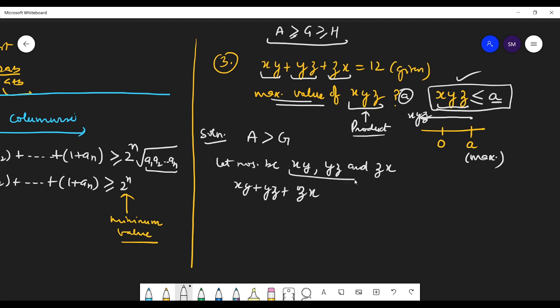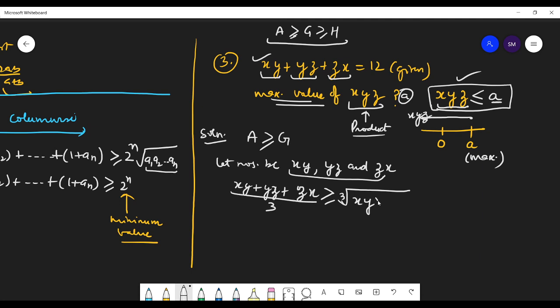The numbers that I am choosing depend on what is given to me and what I am going to prove. This will be greater than or equal to the geometric mean of these numbers. This time you need to write the cube root.